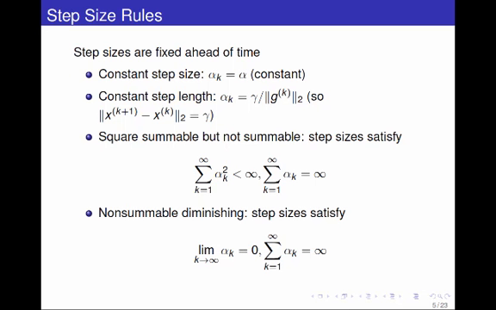Then you can have step sizes that are square summable but not summable, and step sizes that are diminishing but non-summable. These two, in theory, will work. They will bring you to the exact optimum of the function, but in practice, they are kind of useless. They're too small to be useful.